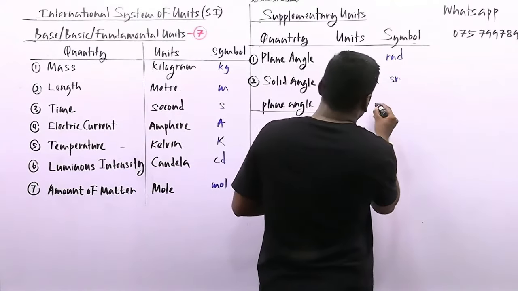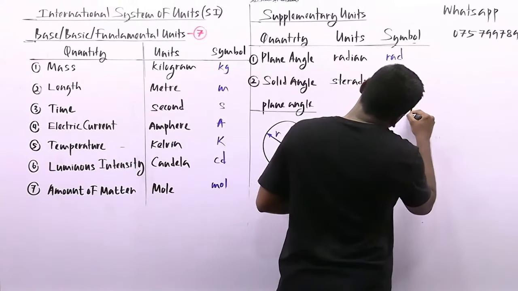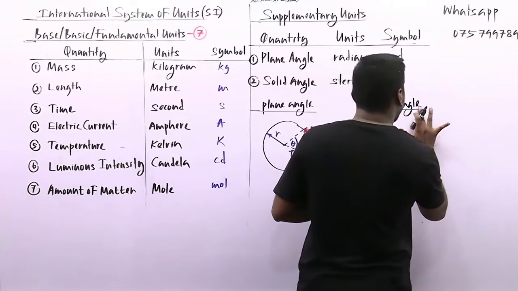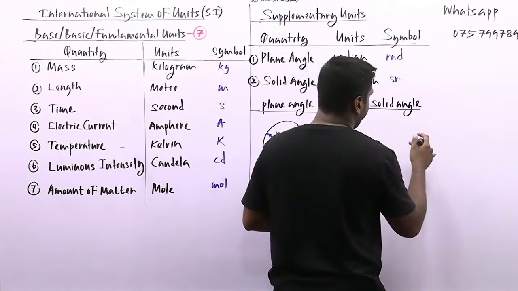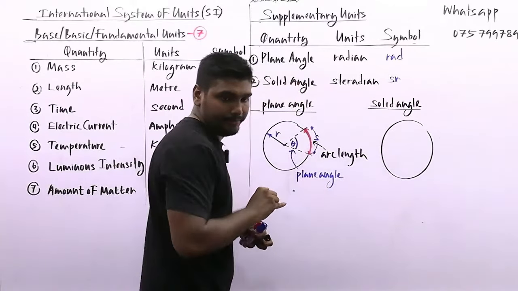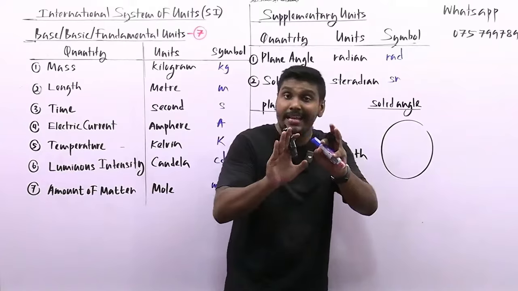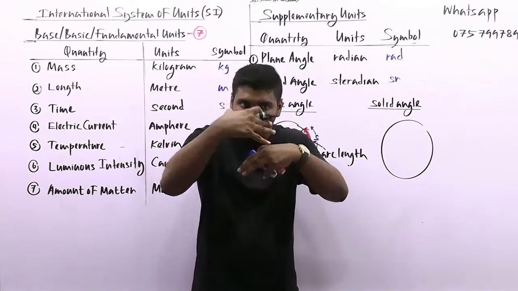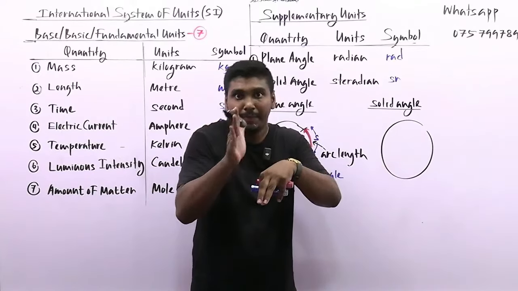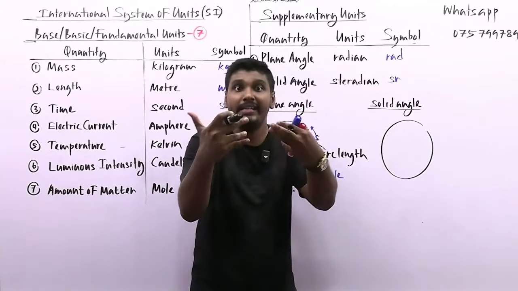Solid angle idea: if I draw a sphere of radius r, and select a capital S area on the surface of the sphere, the area that you can touch on the surface of the sphere, the surface area.